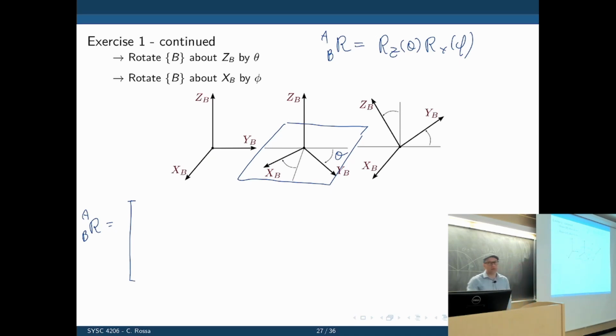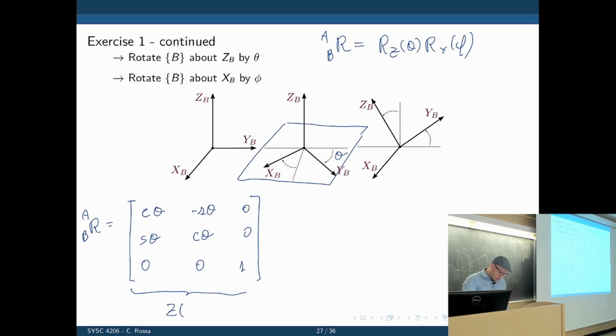Unless you guys want to rederive it. It will be cosine theta, minus sine theta, 0, sine theta, cosine theta, 0, 0, 0, 1. So this is Z by theta.